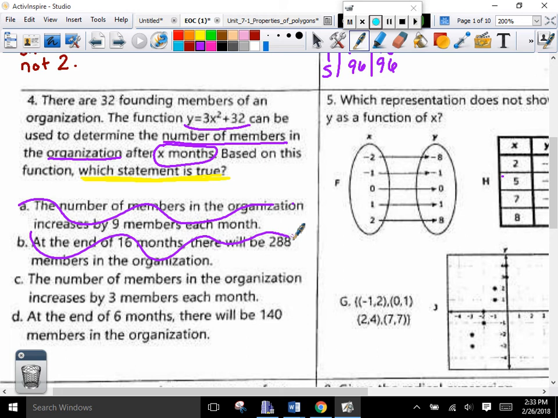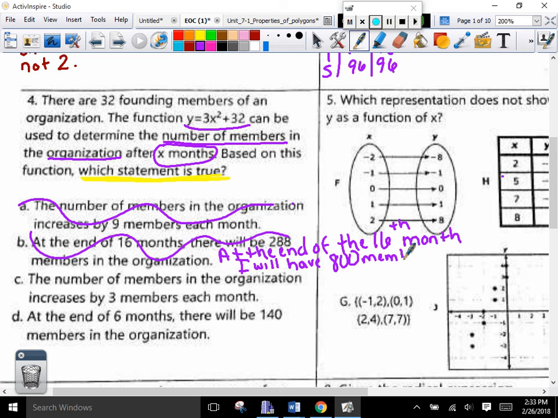My explanation would be, at the end of the 16th month, I will have 800 members, not 288.